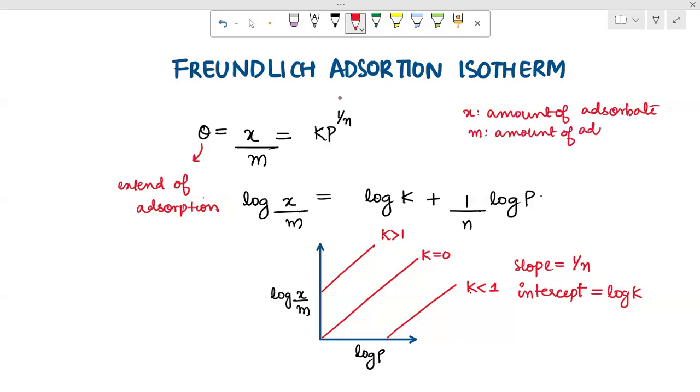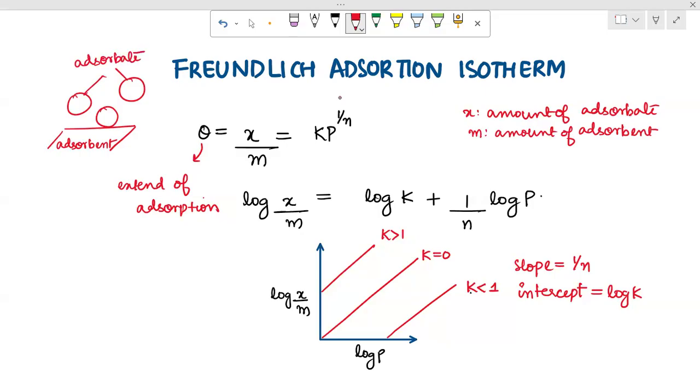I hope you don't have a confusion between adsorbate and adsorbent. If you have a solid surface onto the top of which the gaseous molecules will come and attach, this solid surface is the adsorbent. And these gaseous molecules are the adsorbate.